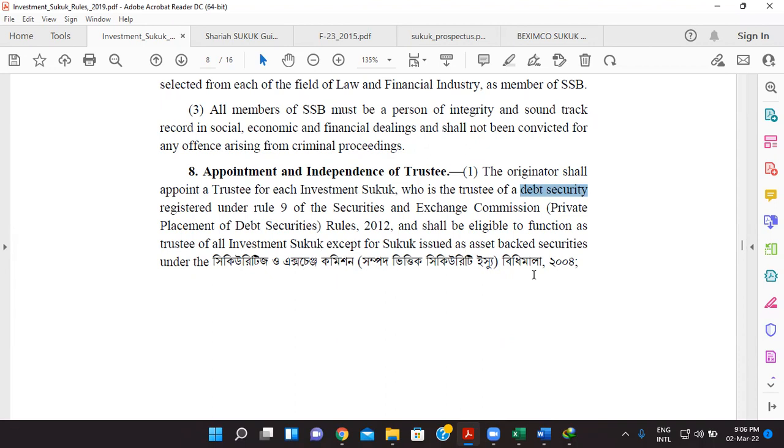So it has been said that when you are appointing a trustee for the investment Sukuk under these rules, that shall be eligible to function as trustee for all investment Sukuk except for Sukuk issued as asset-backed securities.